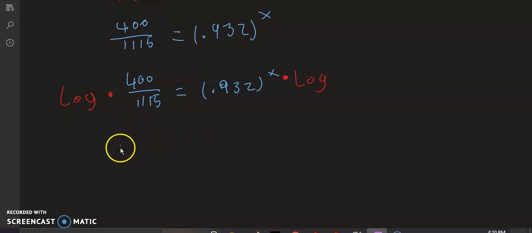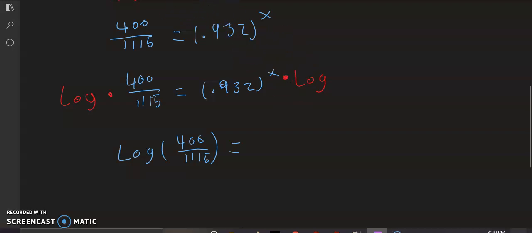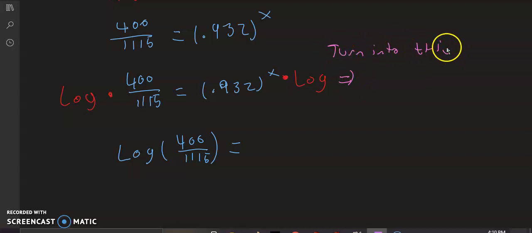So on this side, we will get log 400. And I like keeping it like this, not already solving it in the calculator, because we won't get an exact answer if we round it. And this will turn into this. It will always work for every single logarithm.